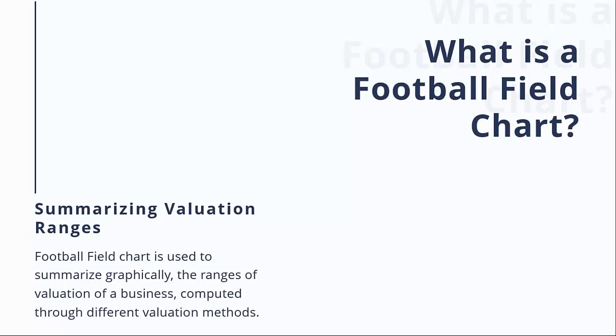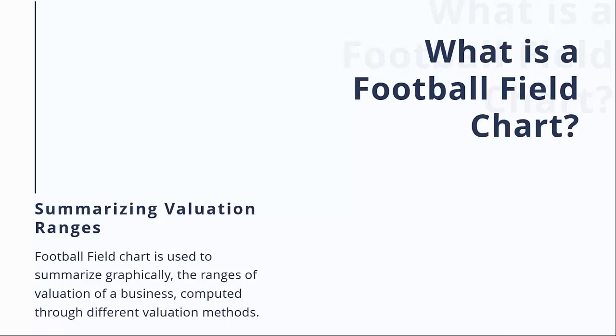And very quickly, let's see what is a football field chart. That's a very, very fancy term, as you can see. So football field chart is basically for summarizing the valuation ranges. So what do I mean by summarizing valuation ranges is that we have various methods to compute the valuation, right?